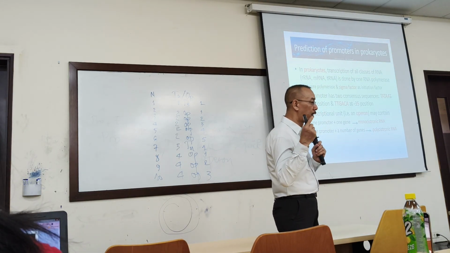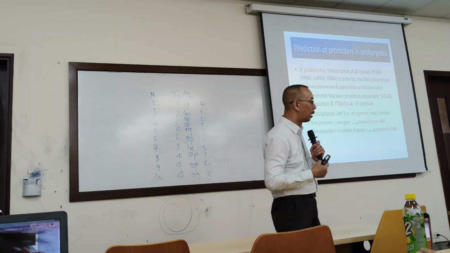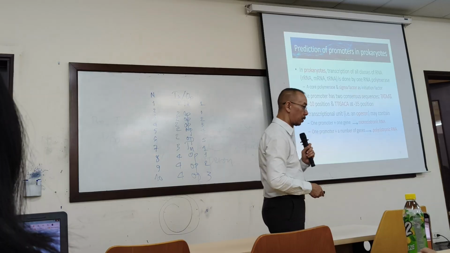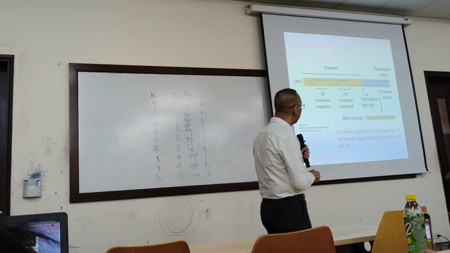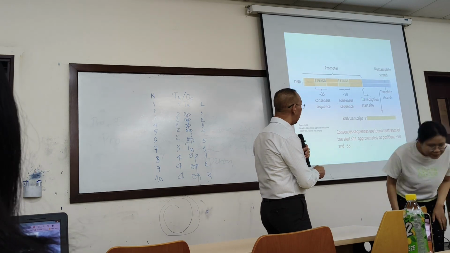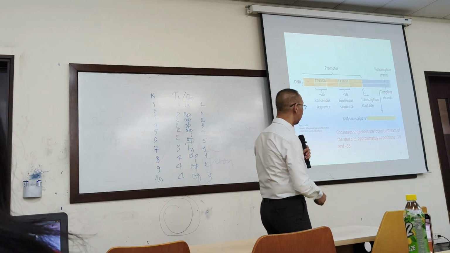So that's why when we run the program to predict genes in prokaryotes, it also predicts whether genes are organized into an operon or not. So this slide shows you the transcription start site, that is plus one, and upstream is minus.